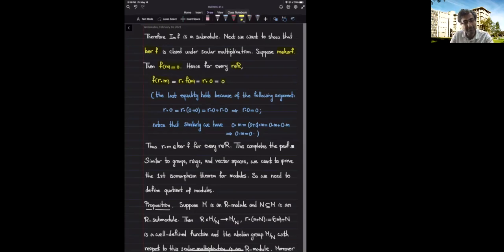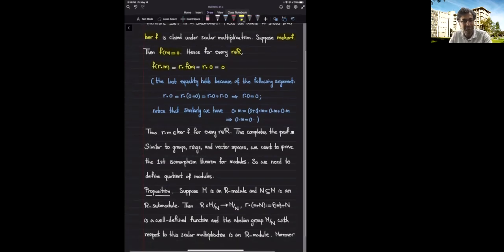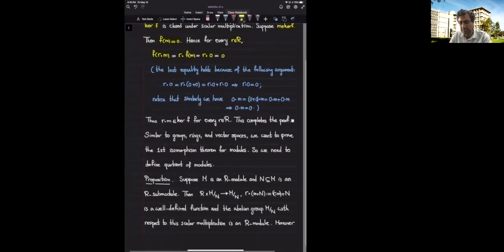Why is that the case? What do we know about the scalar multiplication? How can I know that r times 0 is 0? Here is a quick reminder that we have had a similar result for vector spaces, and let's see why this statement is correct. R times 0 is clearly r times (0 plus 0), because 0 plus 0 is the same as 0.